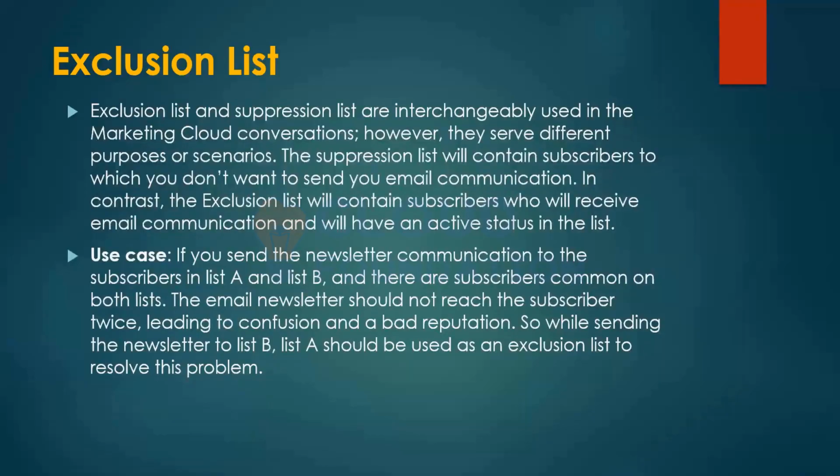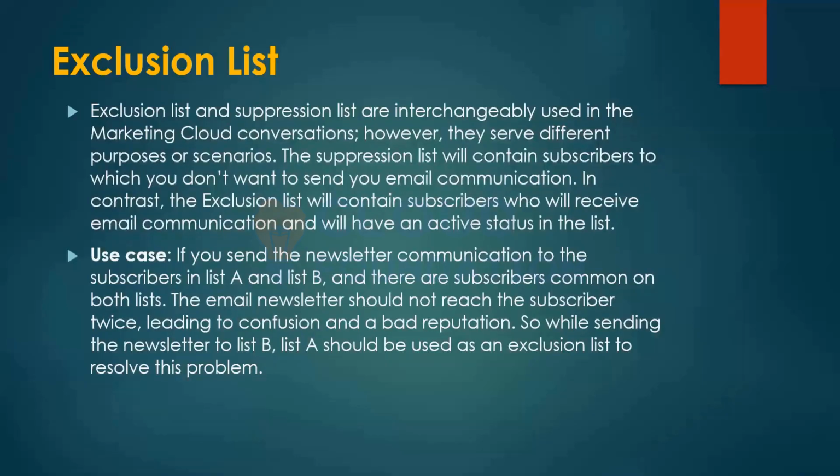That means in two lists, the same active subscriber is present. But when I do the campaign, I do not want to send to that one twice. If the duplicate email ID exists in both, we should not send mail twice. It will be sent only one time. The other list should be used as an exclusion list to solve the problem. That is the concept of exclusion list.